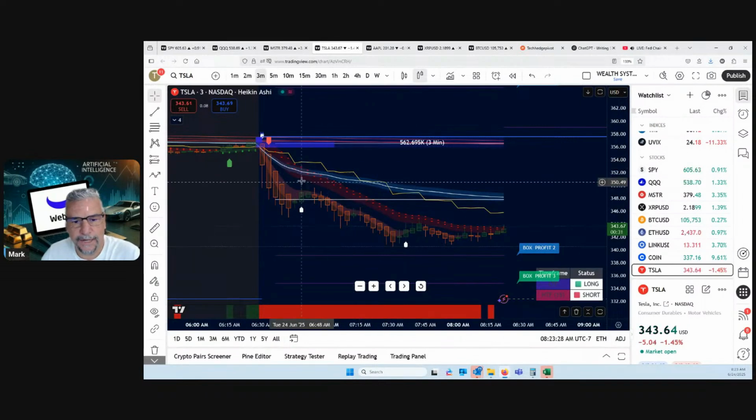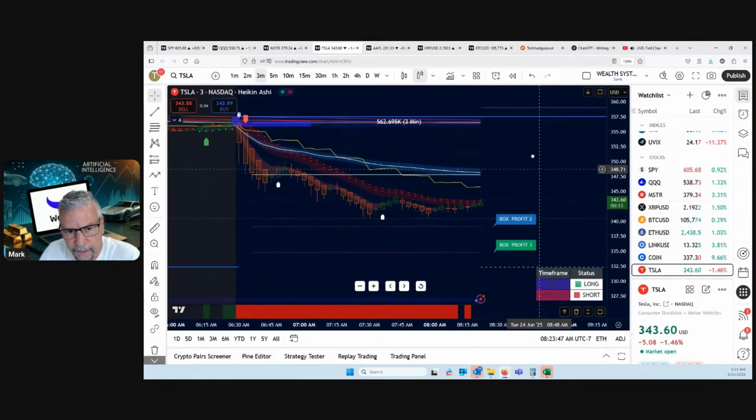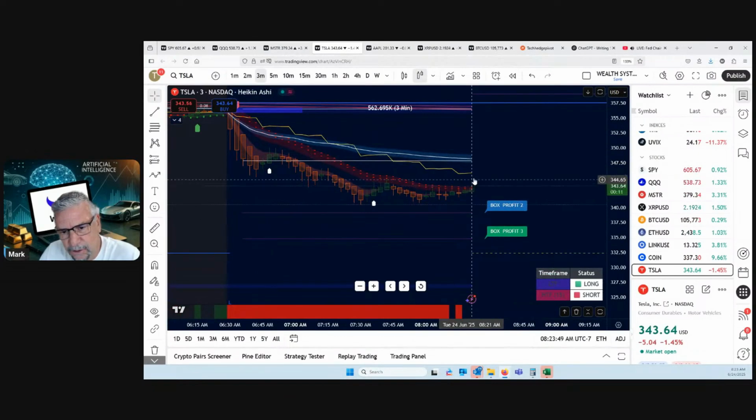All right. So Tesla, you can see it pulled away from this cloud, tested it, came back, tested it, tested it. Now it's testing this cloud. So we may be getting ready for a reversal. If it fails to reverse, we could see a retest and then a collapse all the way down to 334 potentially.